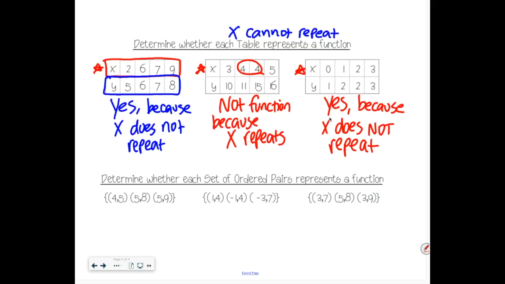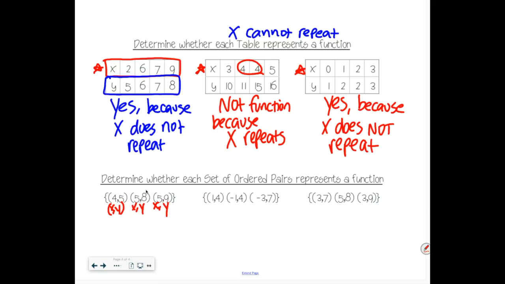All right, in the last scenario that you are going to have to know how to look at, you are given 3 points. So an X and a Y, X and a Y, X and a Y. Let's go ahead and label those. You have a point X comma Y, X comma Y, X comma Y. And what you need to do is look at the X in each point, and if you see an X that repeats, so here we have 5, 8, and 5, 9.